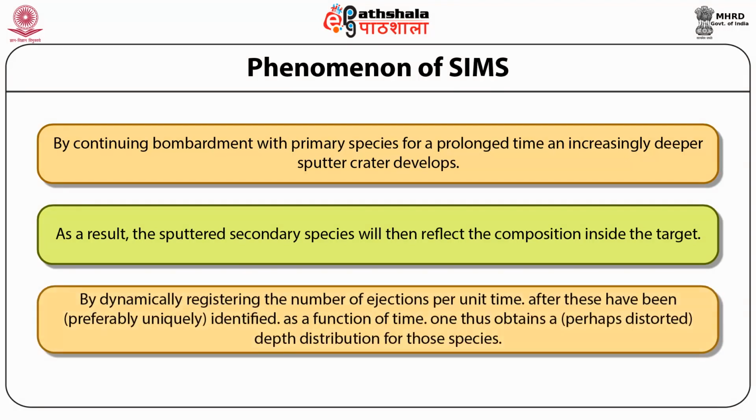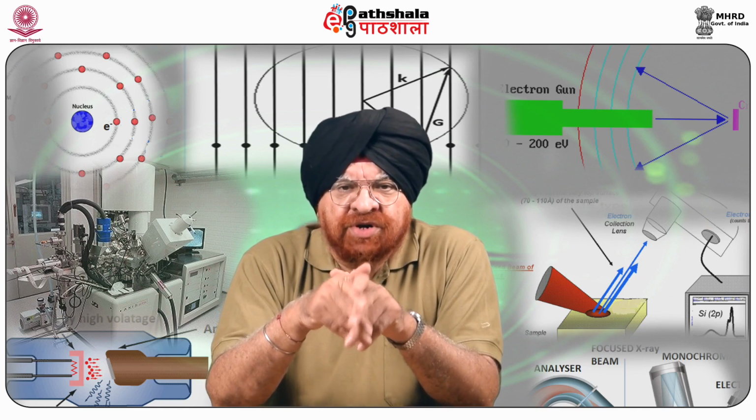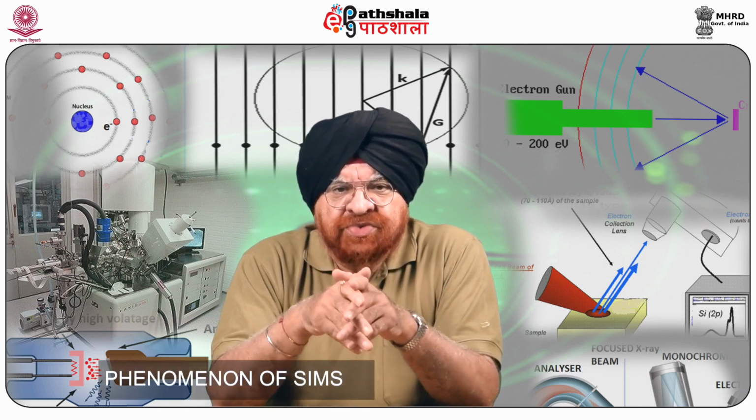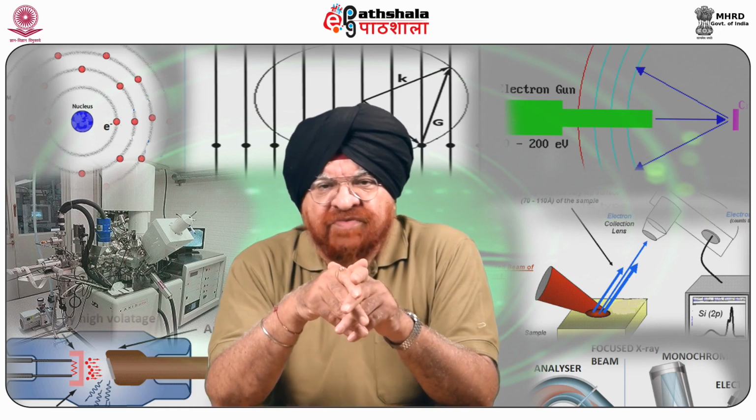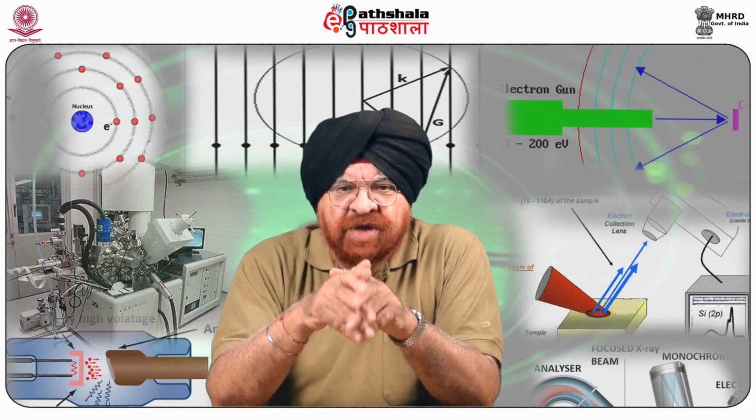By dynamically registering the number of ejections per unit time, after these have been preferably uniquely identified, as a function of time, one thus obtains a depth distribution of these species, perhaps a distorted one. As I've been saying, this is a very important technique, the phenomenon of SIMS, which we have been briefly terming sputter depth profiling.